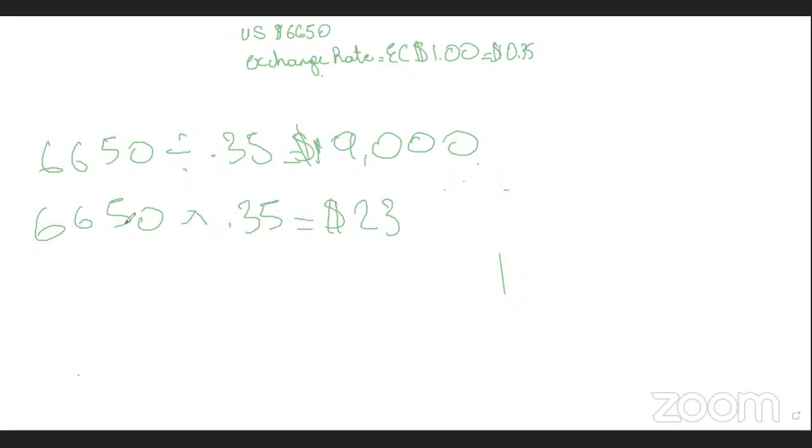Wait, 23. No, 232, so 0.5. Melody, what you got? Two seven 25.